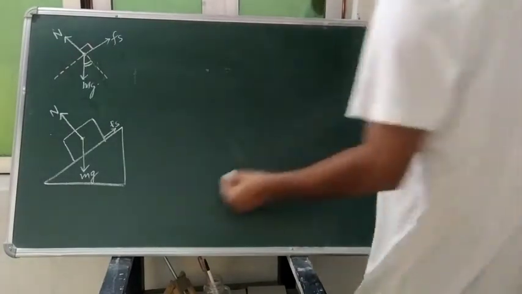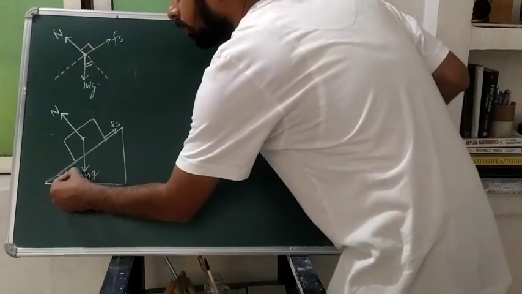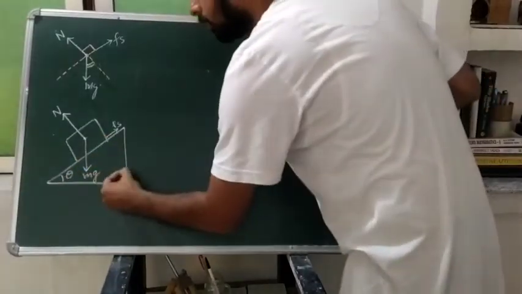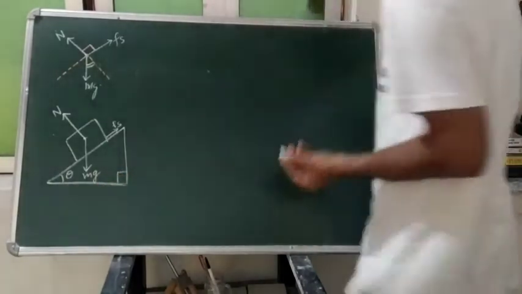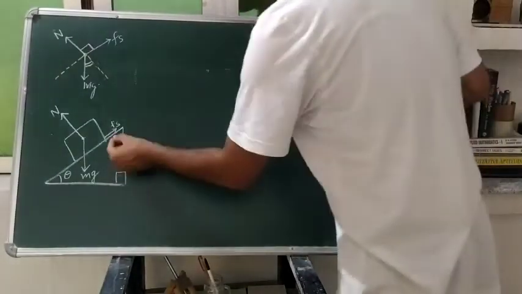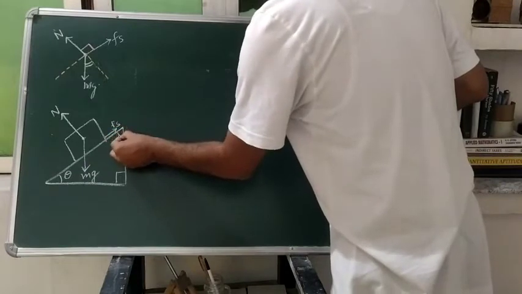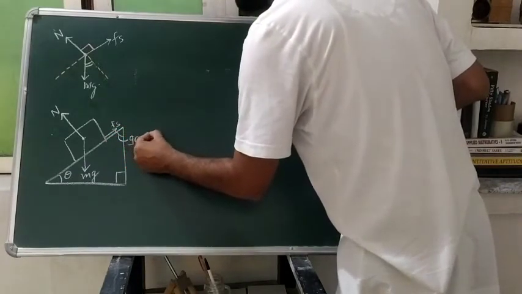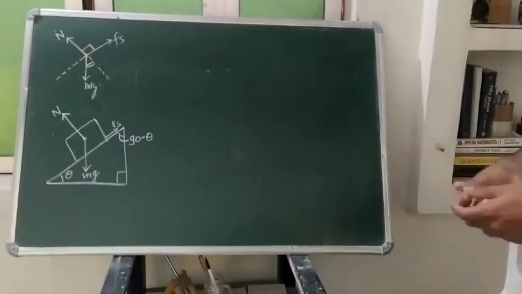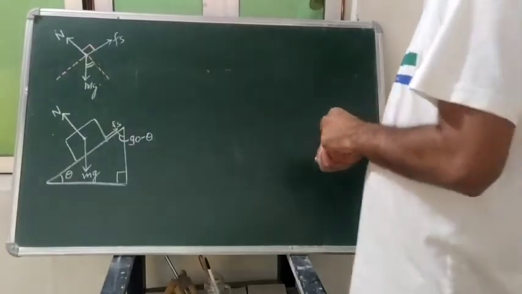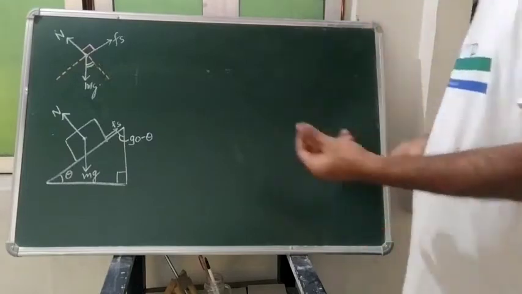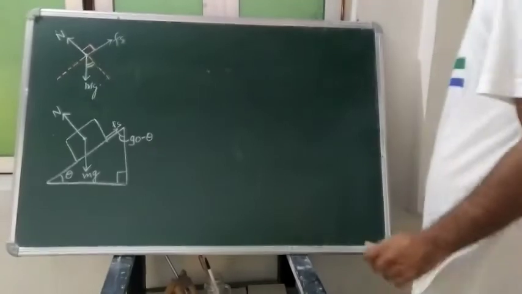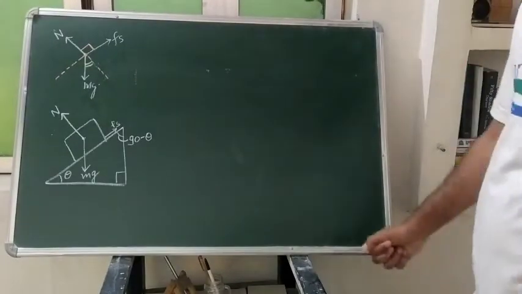For that, you know our angle theta is here, and if this is theta and this is 90 degrees, then this will come out equal to how much, student? 90 minus theta. The sum of all the angles in a triangle is equal to 180 degrees, and this one is 90, this one is theta, so that will come out as 90 minus theta only.